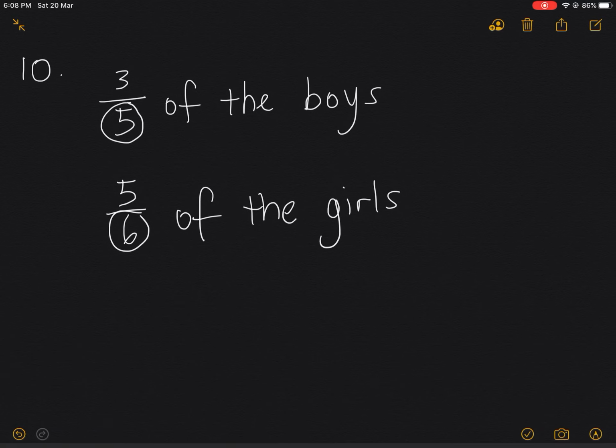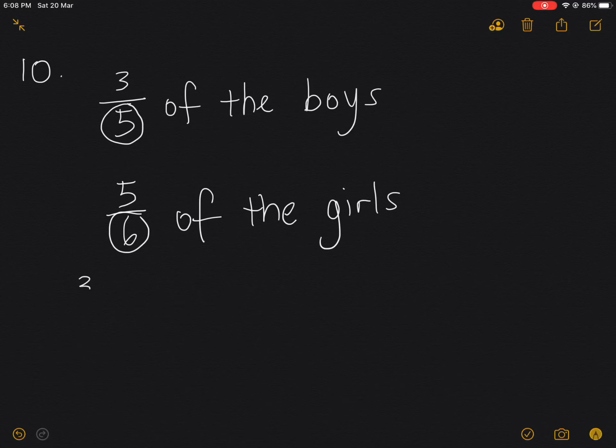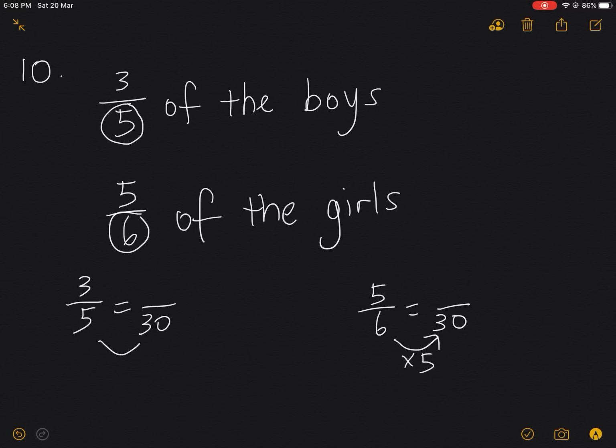We can equalize right here. Equalizing means making them the same number, as usual, by multiplying certain numbers until the answer becomes the same. So it's 5 and 6, 6 and 5.